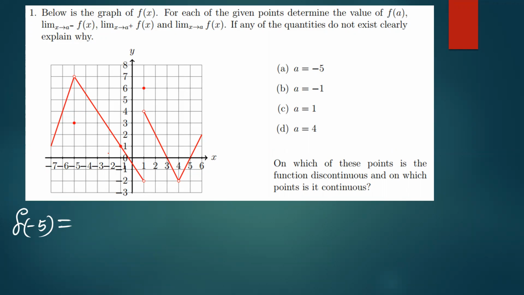At x equal to -5, we find a shaded dot. From this shaded dot, you move straight to the right and check the number there, which is 3. So f of -5 is simply equal to 3.